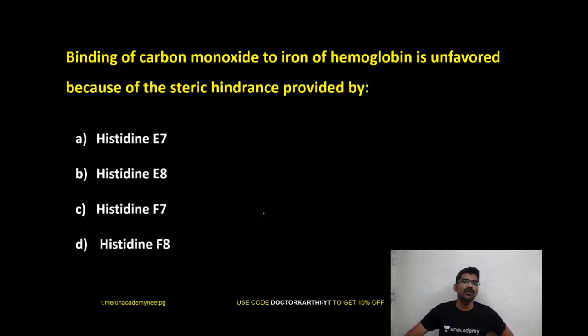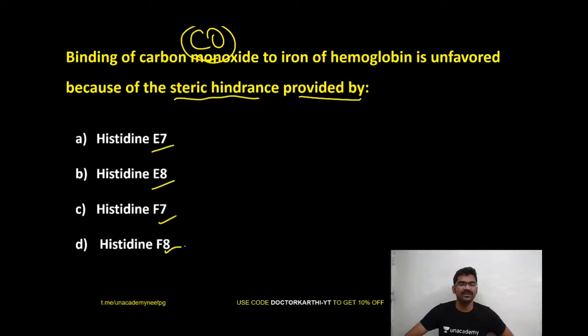Binding of carbon monoxide, that is CO, to iron of hemoglobin is hindered, unfavored, because of steric hindrance provided by which of the following? Listed: E7, E8, F7, F8. Look at this, E7, E8, F7, F8.